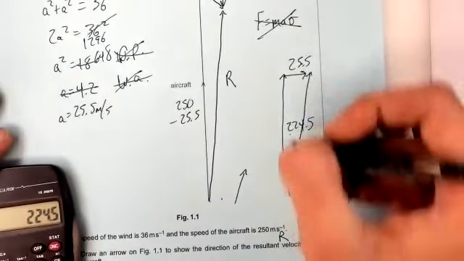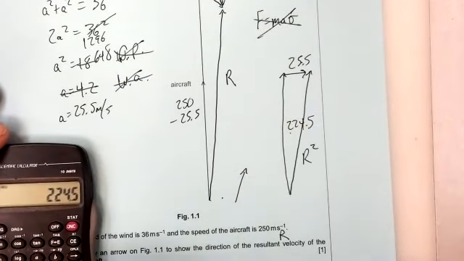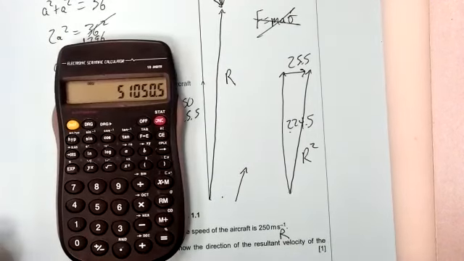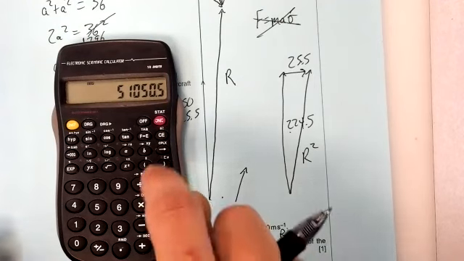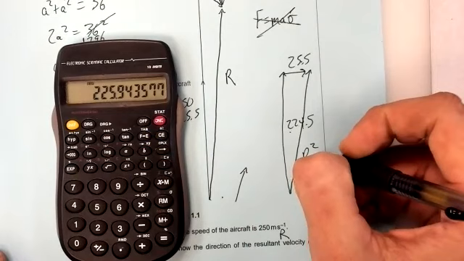I've got this in my calculator still, so I'm going to square that, plus 25.5 squared, equals this number, 51,050.5, and the square root of that is 225.9.